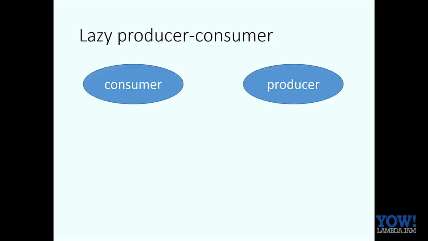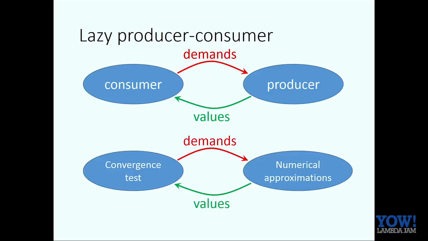So I really loved this idea of separating the producer and the consumer, where the consumer would demand values, and that would drive the producer to produce them. And you've seen the idea of using a convergence test and numerical approximations to express numerical algorithms very, very simply. The paper also talks about a different application where the producer is constructing a search space and the consumer is the search strategy.